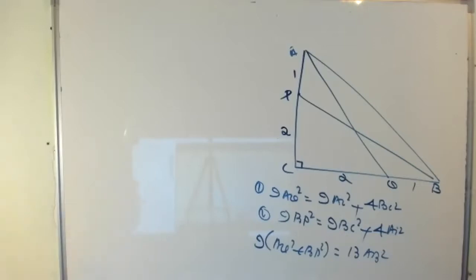First part, 9AQ square equal to 9AC square plus 4BC square. That's clear.